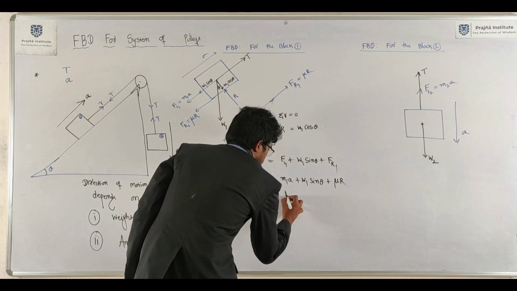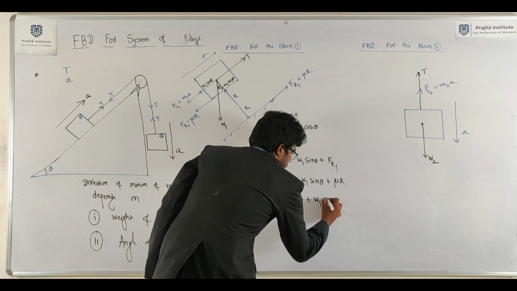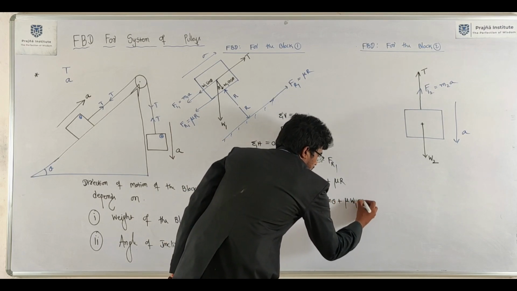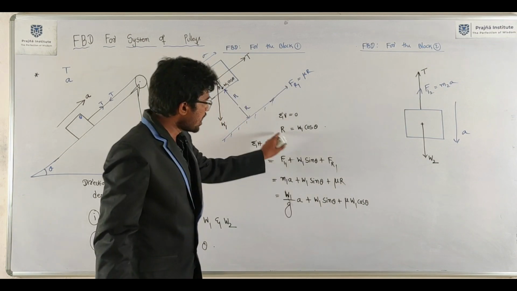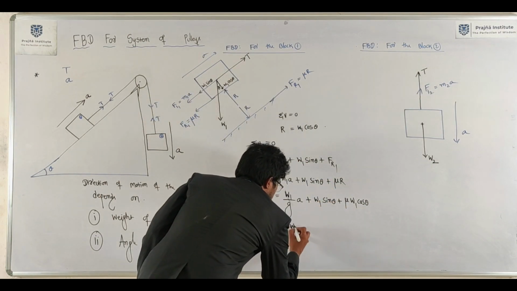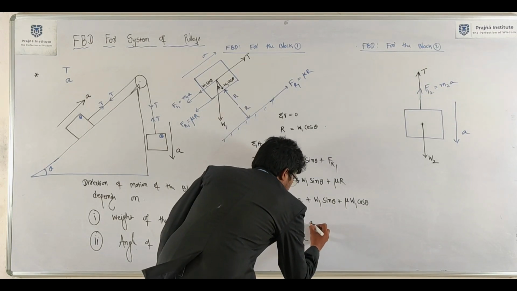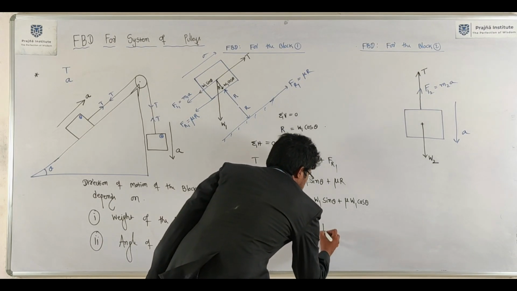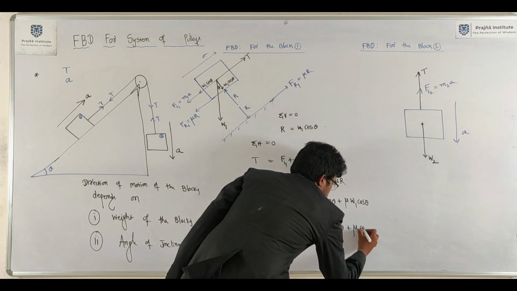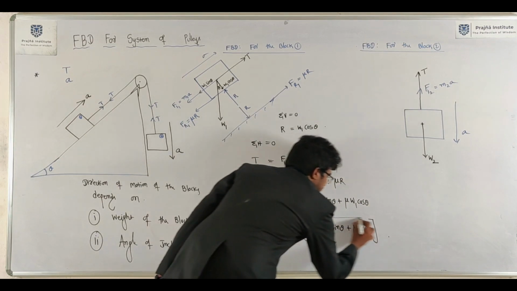Here you can write W1 by G into acceleration, W1 sin theta plus mu into W1 cos theta. Correct? R is equal to W1 cos theta. From here, what will you get? W1 taken common. Here you will get A by G plus sin theta plus mu into cos theta. This is the tension T.